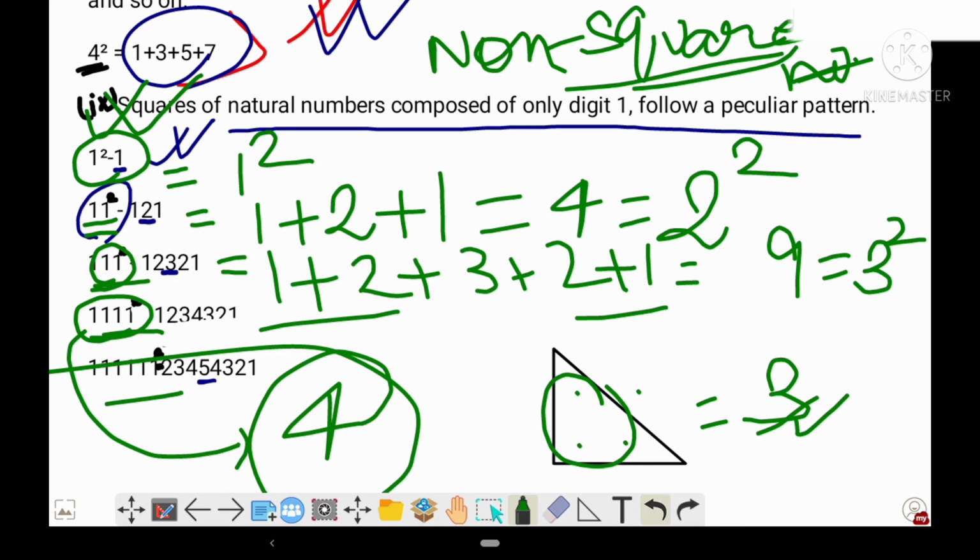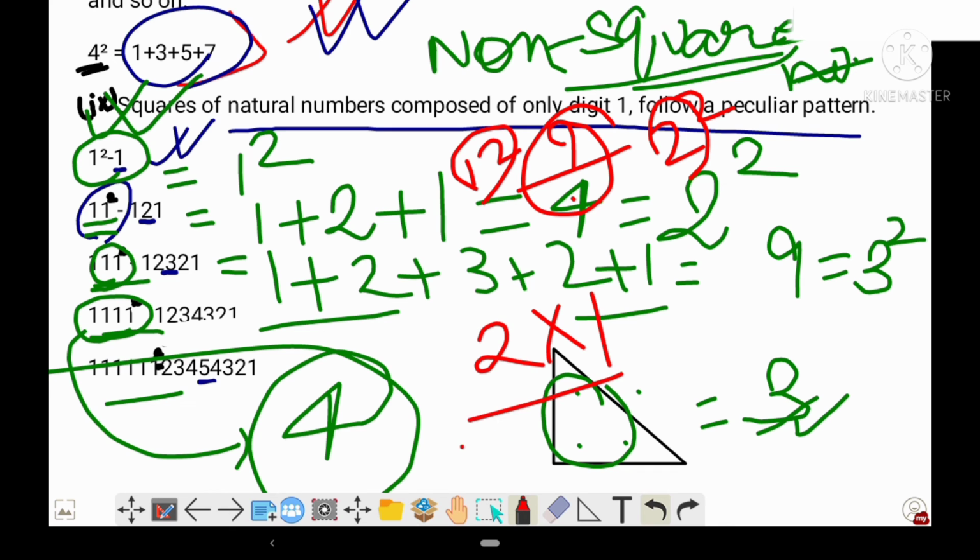Like in your book it has been given that between 1 square and 2 square, how many non-square numbers lie. So that is 2 into 1, you see. 2 into 1, you get 2, and just count down the numbers, you will get everything. Just remember which multiple of 2 the square is, and you will get everything.